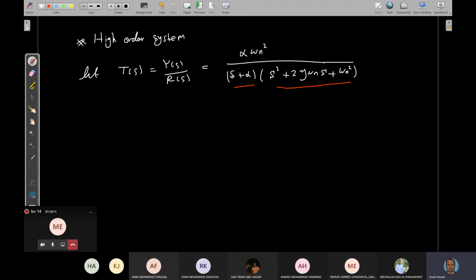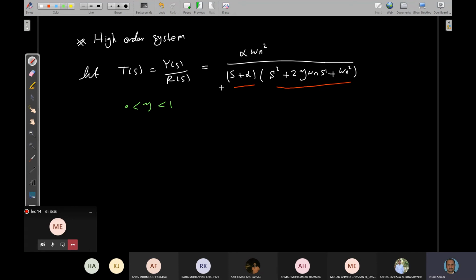So now let's see. For that, let's assume that zeta is greater than 0 and less than 1, only in order to write the closed form solution in a certain form.